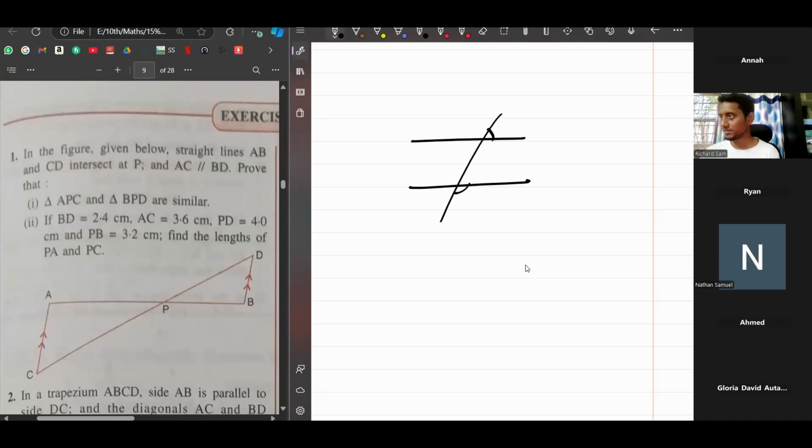So co-exterior. These two. Alternate interior angles. Now tell me what's the property also. Are they equal or are they supplementary? Equal. These two are equal. Okay, these two. Tell the name and the property. So, co-interior, supplementary.